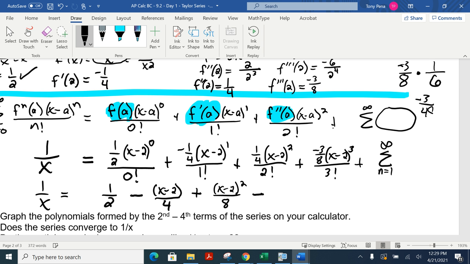Negative 3 over 48, which reduces down to be a negative 1/16. So I just did, just so we understand what I was doing, this negative 3/8 divided by this 3 factorial. And when we did that, we get a negative 1/16. So I will get minus x minus 2 cubed over 16.